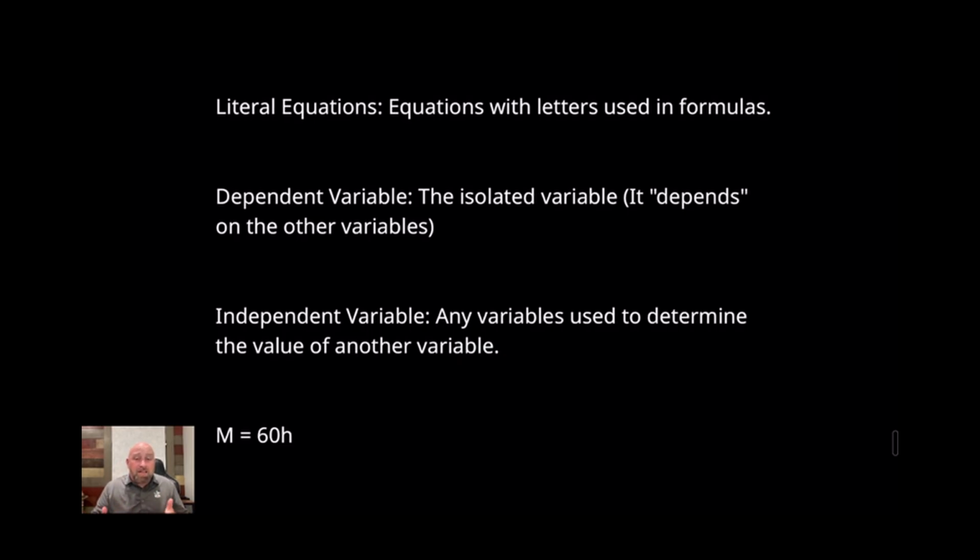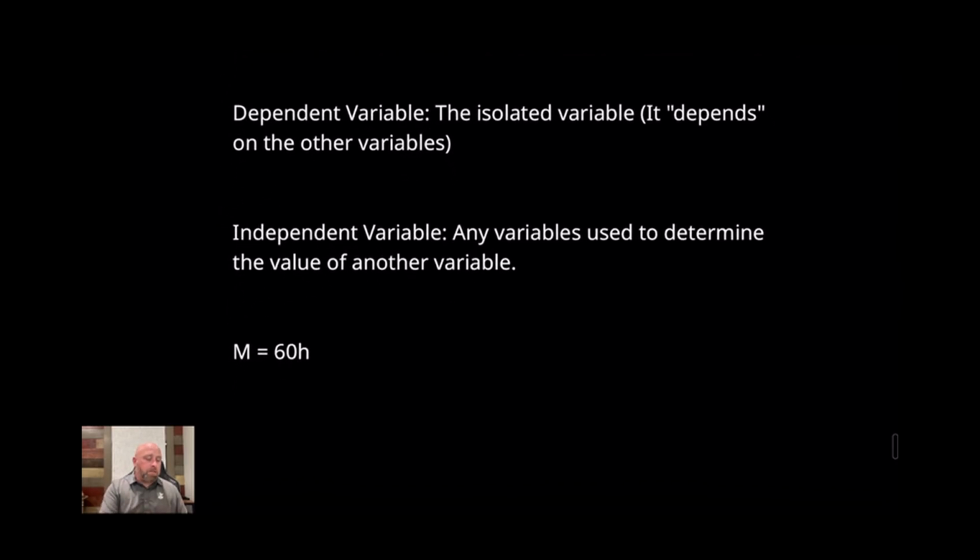The length is the length, and that does not change. So dependent changes from problem to problem. Independent is just whatever the size of the object is. You plug it into the formula and then it gives you the volume. Hopefully I haven't confused you. If I have, let me try to unconfuse you.